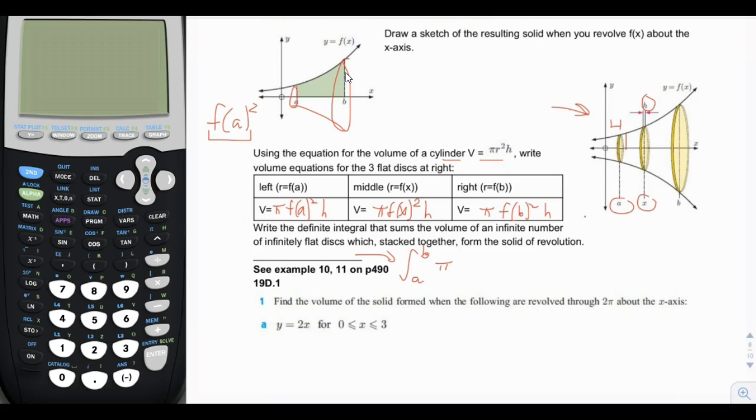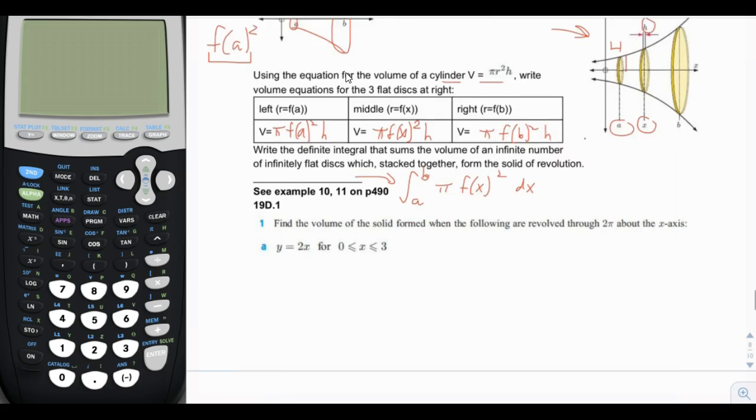So it's going to be pi times f of x squared h. Now, instead of h, I'm going to put dx. Dx is going to be the infinitely thin height of the disk.